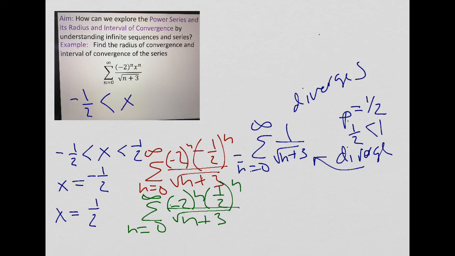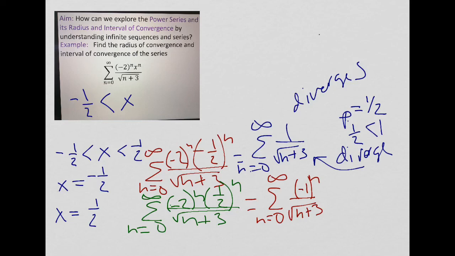Now let's figure out what's going on over here when x was 1/2. We have the same exponent, so we can combine the bases by multiplication. So we have -1 to the nth power. So we have an alternating series.